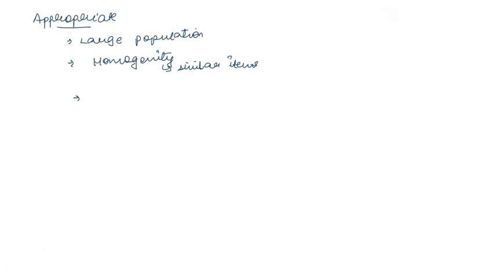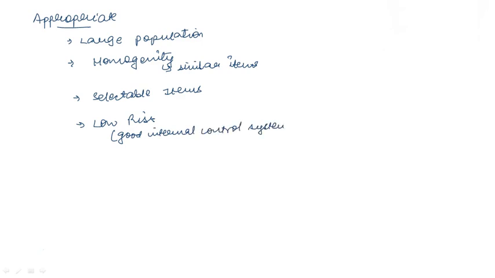Then selectable items: the items for checking are already selected, you have already identified them. And the risk is reasonably very low. This can only be done when you have a good internal control system; if you have one, your risk becomes very low.